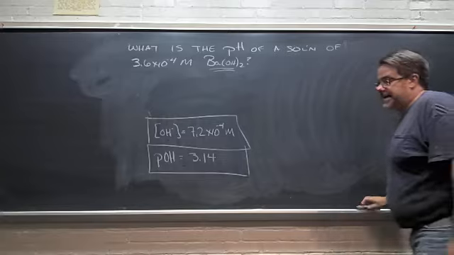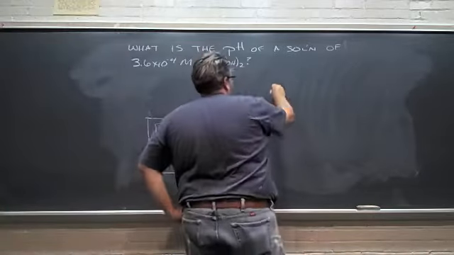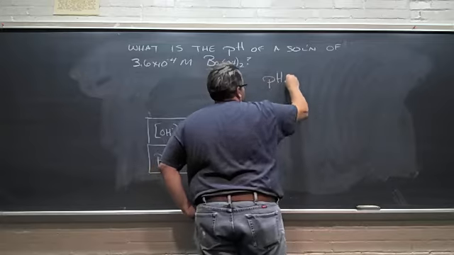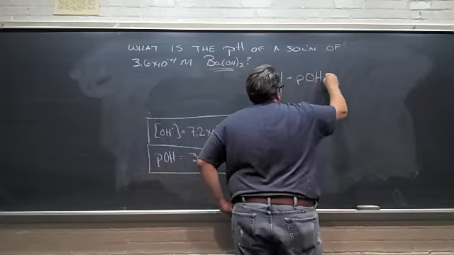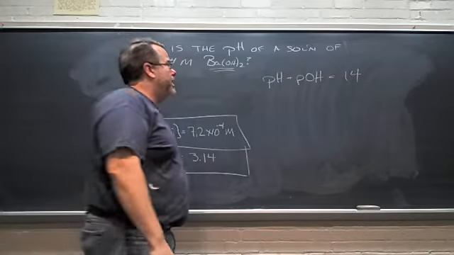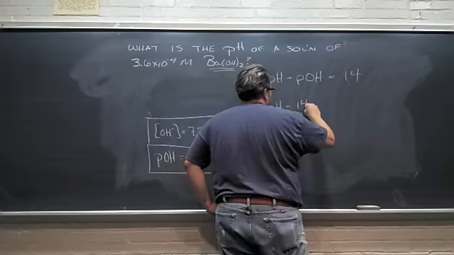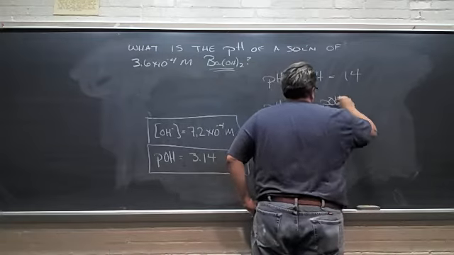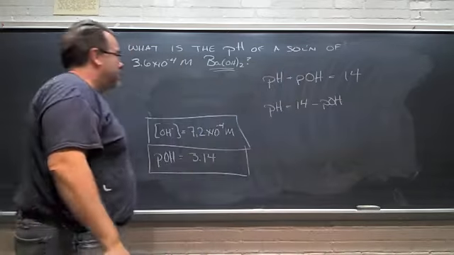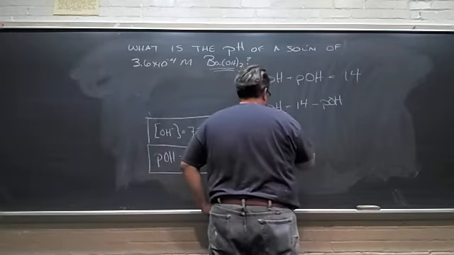All right, so let's calculate that pH. Remember our last equation in our wheel of acidity is pH plus pOH is 14. So if we subtract the pOH from both sides, we get 14 minus pOH.